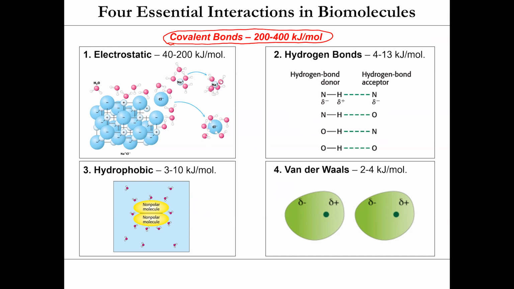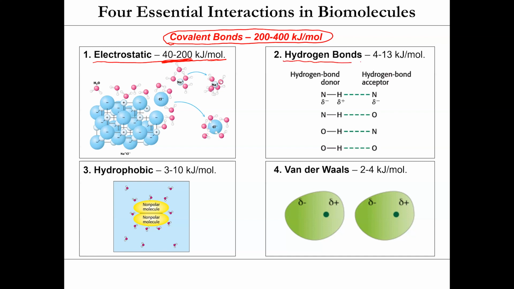That's the amount of energy that would be released if you were to break a covalent bond. Electrostatic interactions of these 4 are the strongest, with on average 40 to 200 kilojoules per mole.